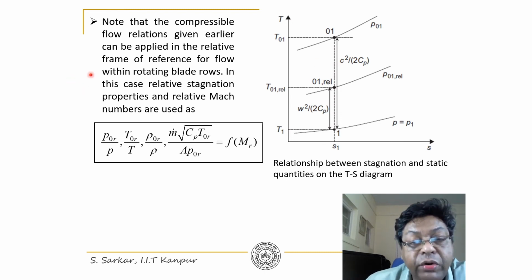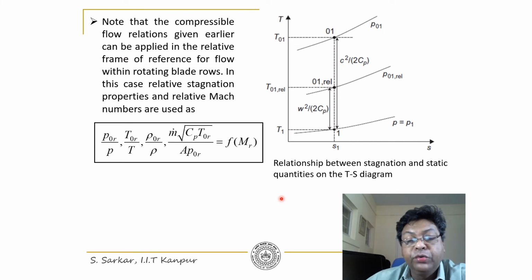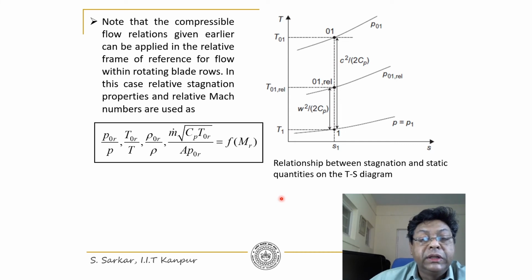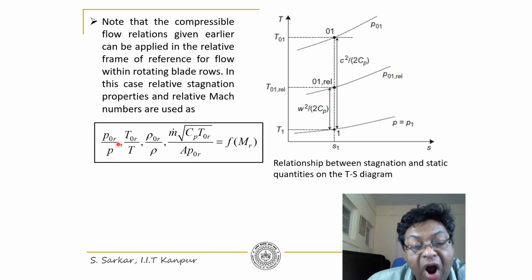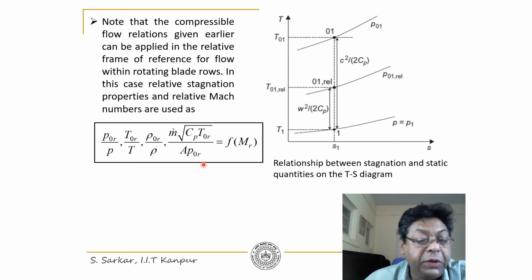Now note that when you express the total quantity with respect to the relative frame of reference, then also we have P0R by P, the total pressure in relative frame of reference, T0R divided by T, and rho 0R divided by rho, and m dot root over Cp into T0R by A into P0R.